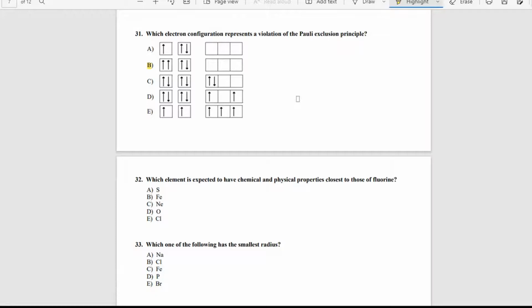Hund's rule basically states that if you go to a party and they have pizza, you don't take all the pizza before everybody else gets some, right? Everybody gets some before you start taking seconds. That's kind of like Hund's rule, but applied to a pizza party, except in this case, it's electron configuration. So each orbital gets 1 electron before you start doubling up.